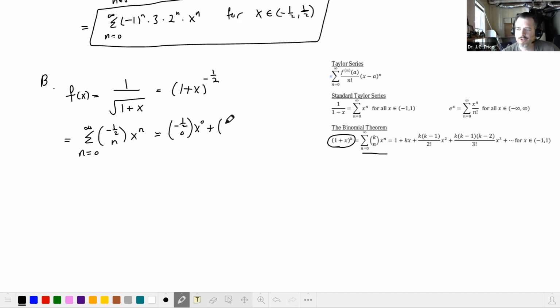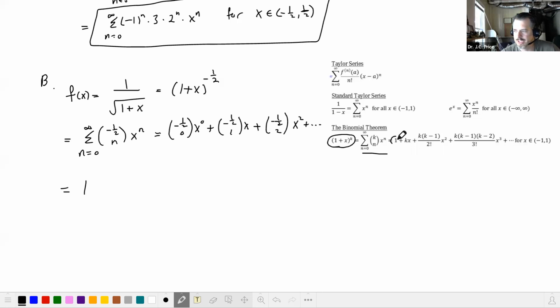All right, so -1/2 choose 0, -1/2 choose 1. But on an exam, I might skip this one just because I know I'm pressed for time. -1/2 choose 2, and I see the pattern, and so it makes me feel a little bit better. -1/2 choose 2, x squared, plus ... And then I basically just do what it says. So -1/2 choose 0. Anything choose 0 is 1.